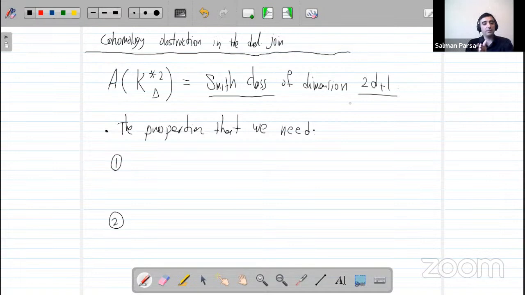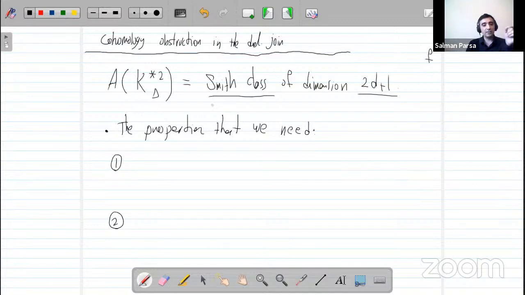I mean, easier than the Van Kampen obstruction, because if you recall, the Van Kampen obstruction depends on this f, a function f into R to the 2D, or an equivalent map into S infinity. But people have actually made the definition of these embedding classes independent of these maps. And the result of making these definitions independent of these maps is actually the Smith class.